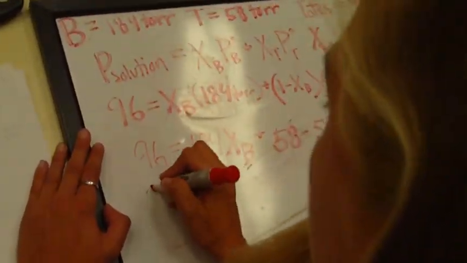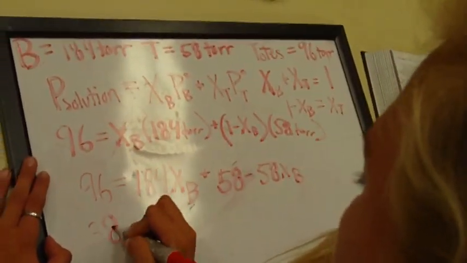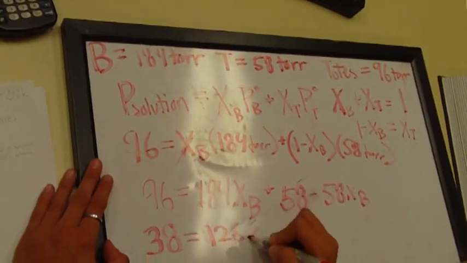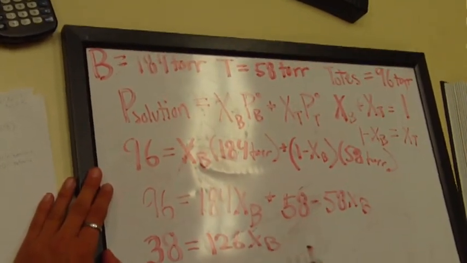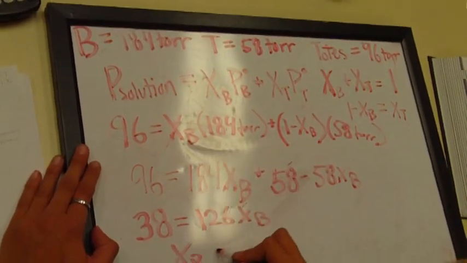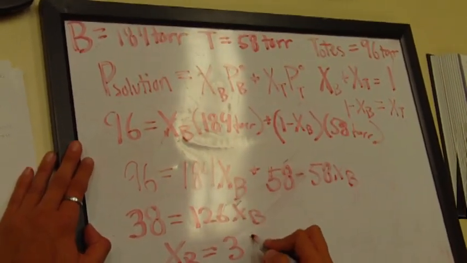So what I end up with is 38 equals 126 X of B. And if I divide both sides by 126, I get X of B equals 0.30.